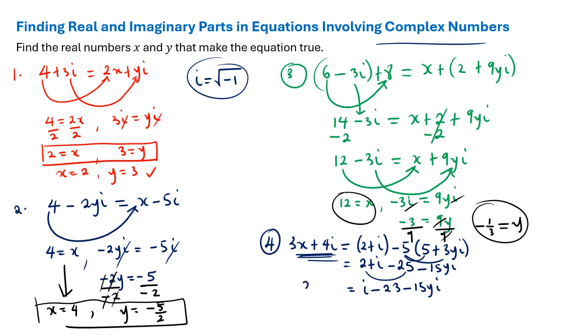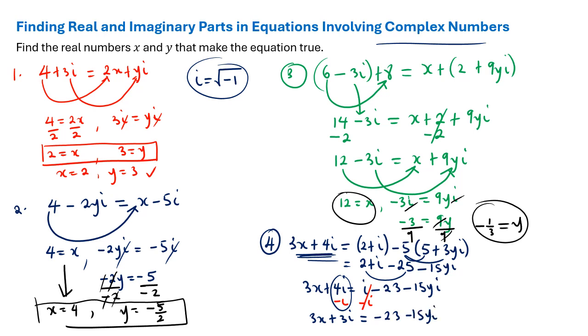So then I have 3x plus 4i right here. Next thing I'm going to do is subtract i from both sides of the equation, cross that out, then I'm going to drop 3x, and then combine this result here to get positive 3i. That's going to be equal to negative 23 minus 15yi.